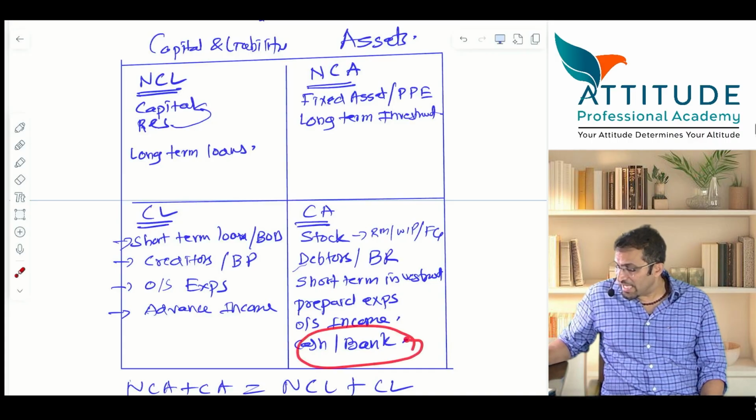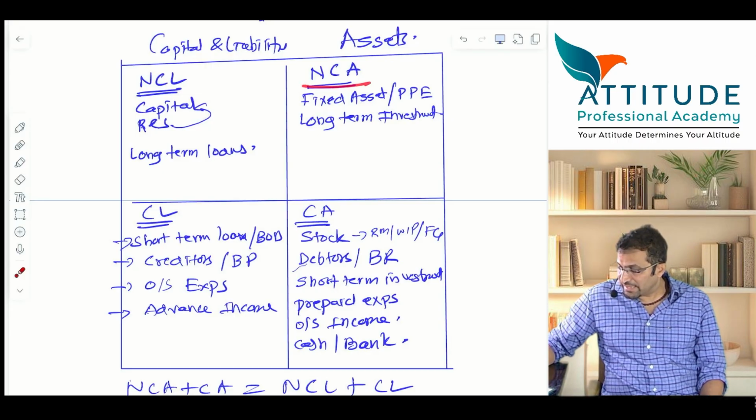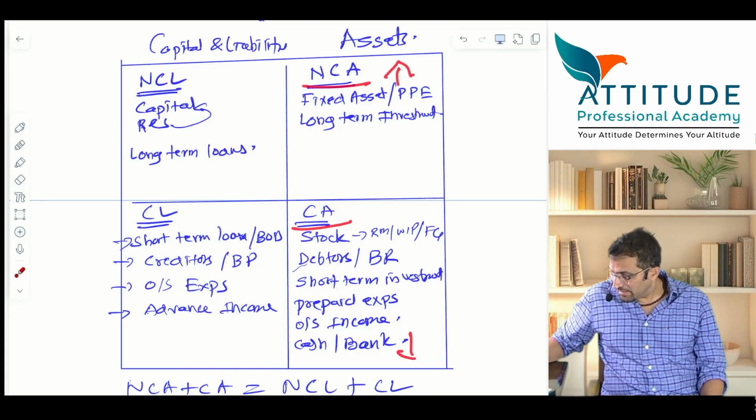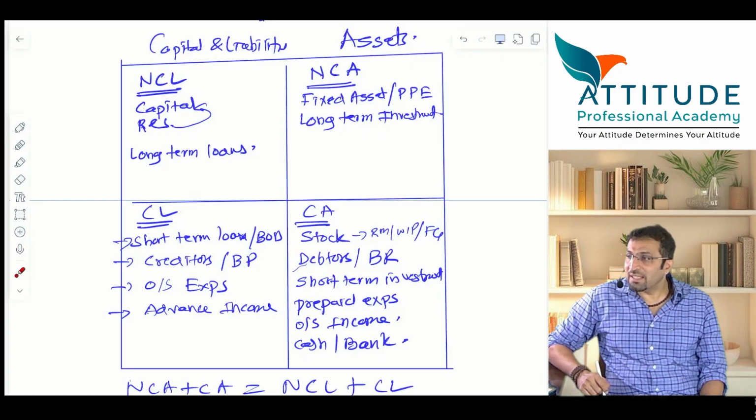Okay, now answer this. With this cash, I purchased a fixed asset. Tell me. NCA increases and CA decreases. Clear? Okay. Now, answer this.